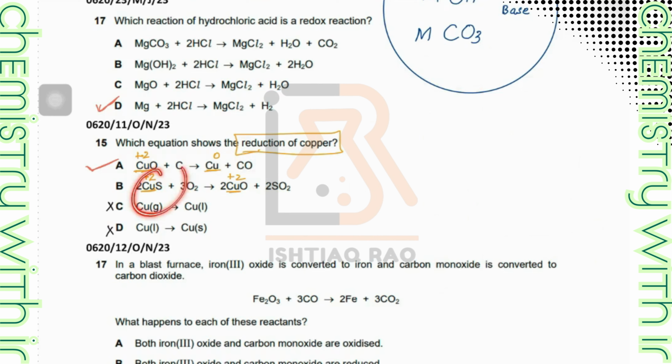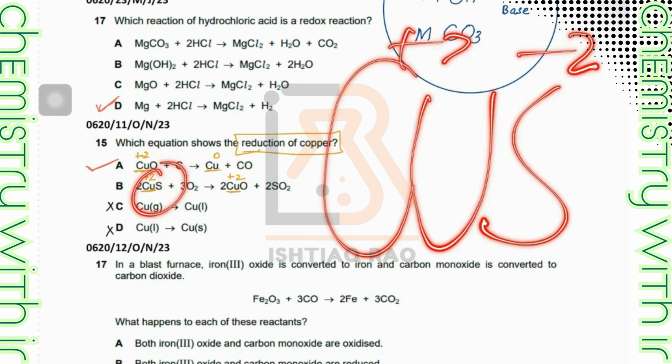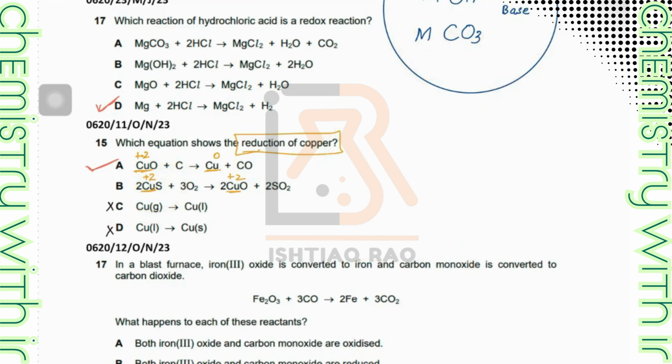But what about this copper sulfide? The group number for oxygen and sulfur is the same, so sulfur is also minus 2. So copper is plus 2, cancellation, there is no number. Of course, copper is again plus 2. Plus 2 to plus 2. The number is not changing, so this is not a redox reaction.